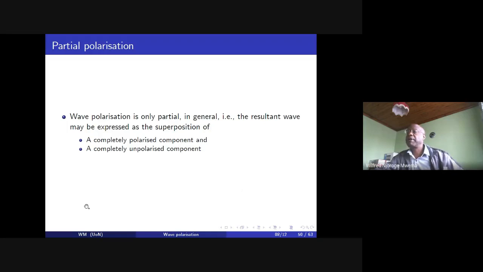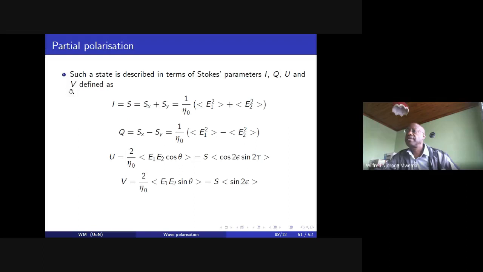That is, we can have a part that is completely polarized, and we add on it a noise-like component in terms of polarization. Such a state can then be described in terms of the Stokes parameters, given as I, Q, U, and V, and they are defined as follows. I is related to the Poynting vector, the complex Poynting vector.